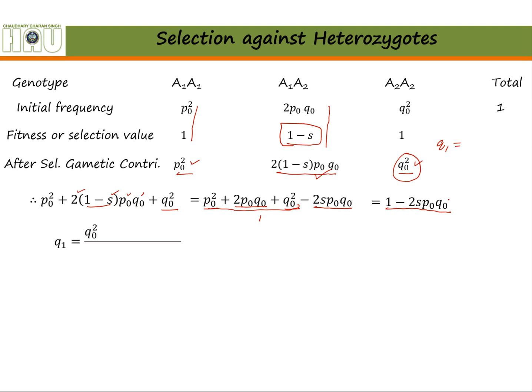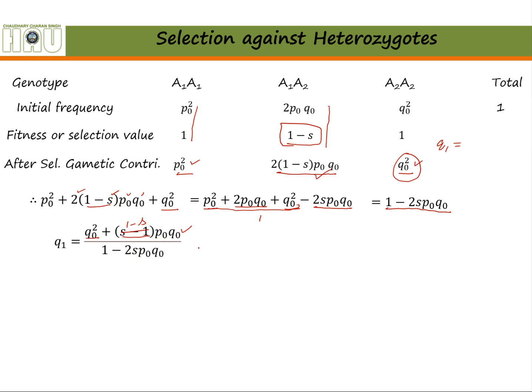That is, q1 can be obtained by Q0 square plus half of this, so it is S minus 1. It is wrong, it is 1 minus S P0Q0 upon 1 minus twice S P0Q0.